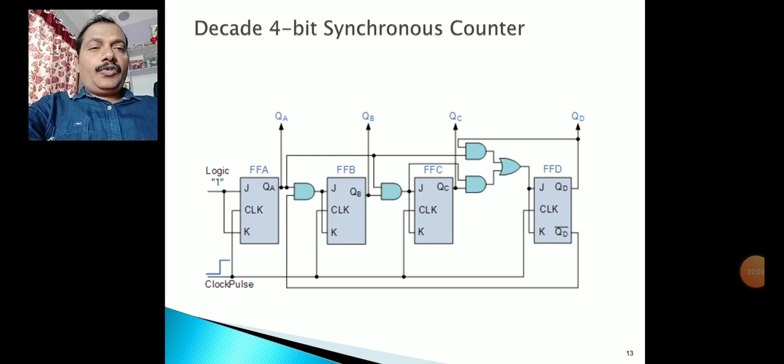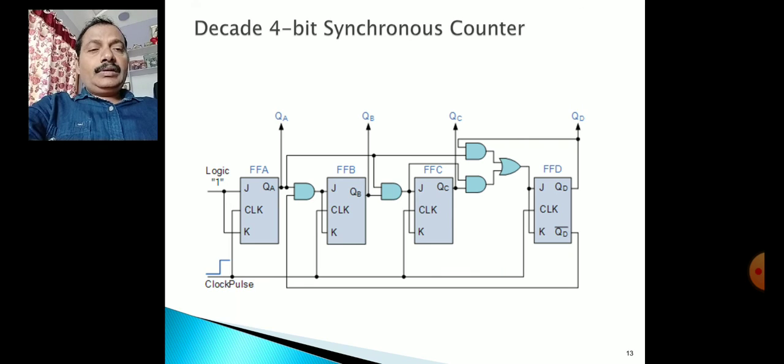Next, the decade 4-bit synchronous counter also. Previously we have seen the asynchronous decade counter, and the synchronous counter you can see also. In the synchronous counter design, we need to derive the input equations from the excitation tables, and after simplification we get the values.